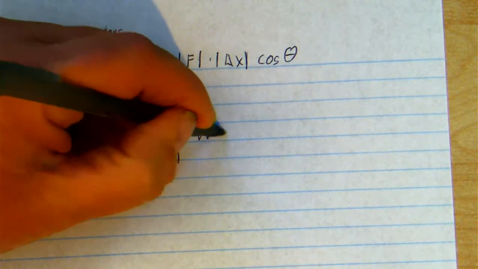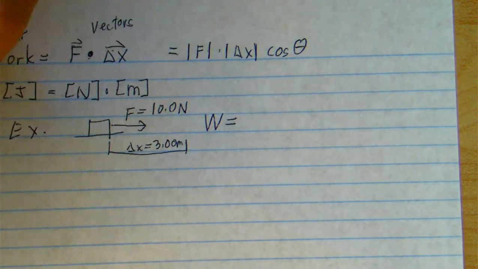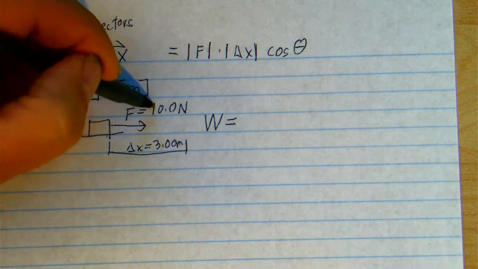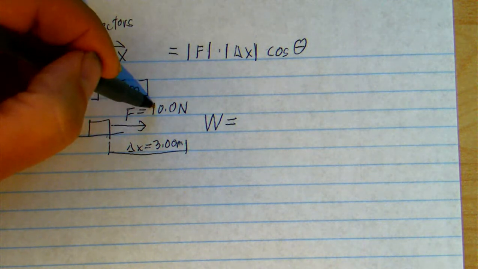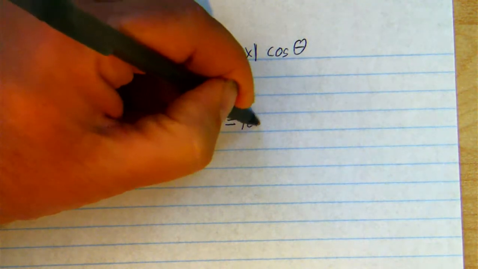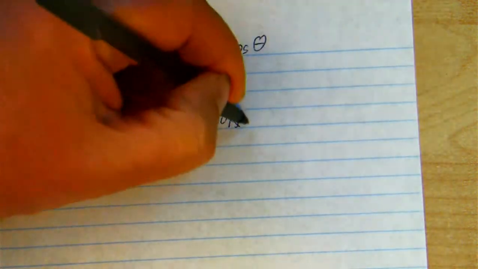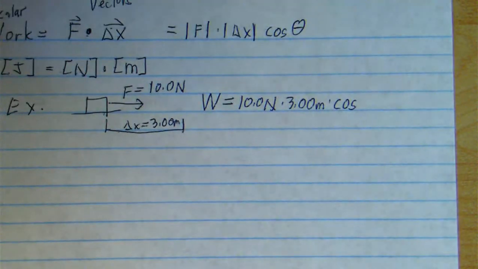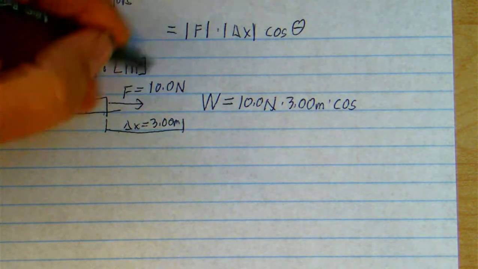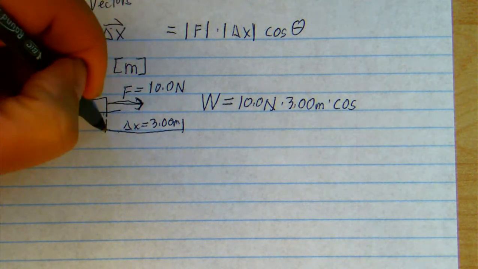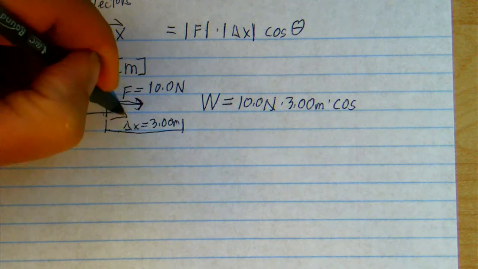Then the amount of work done to move this box with that constant force over this displacement would be 10 newtons times 3 meters times the cosine of the angle between F, which is to the right, and the displacement, which is also to the right.